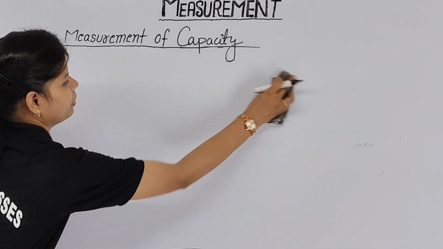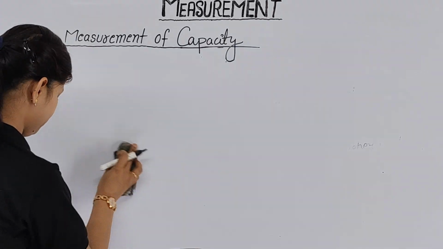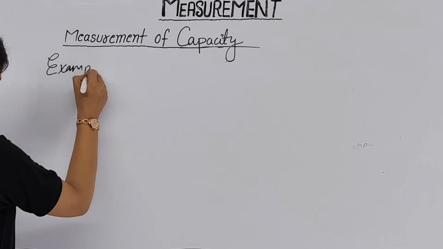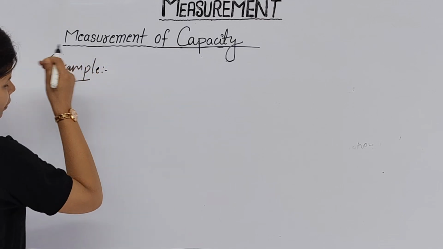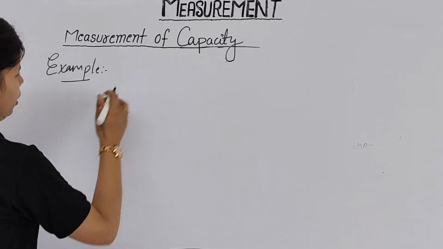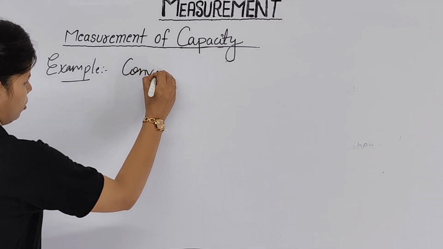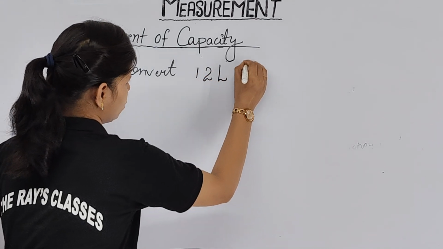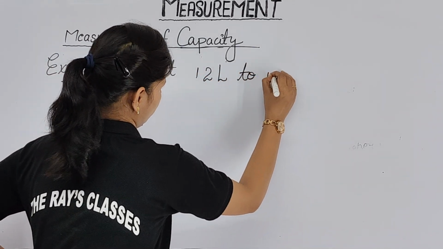Like if your question is given, simple question I am taking, that already you know the answer, you can give your answer also. If it is written, not this one, convert 12 liter to milliliter.